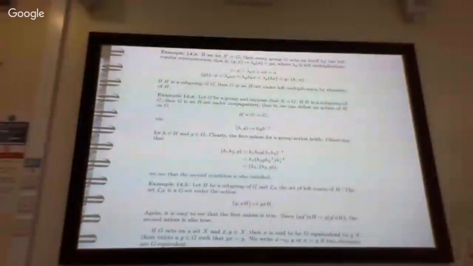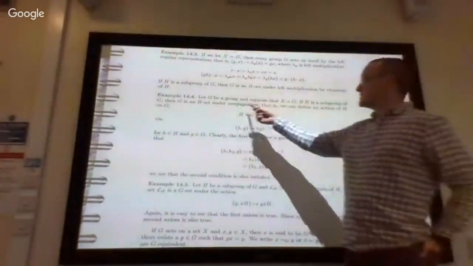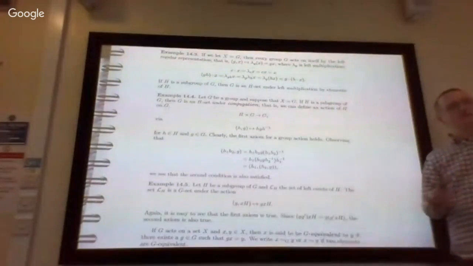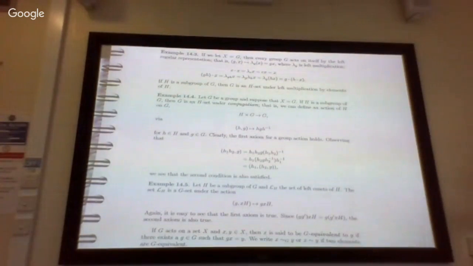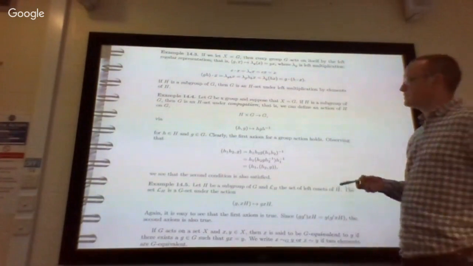The second example, which is also a self-action, also a group acting on itself, is one that's maybe not so obvious, but it is a notion that's come up a few times, and indeed it came up in the coursework. This idea of conjugation.